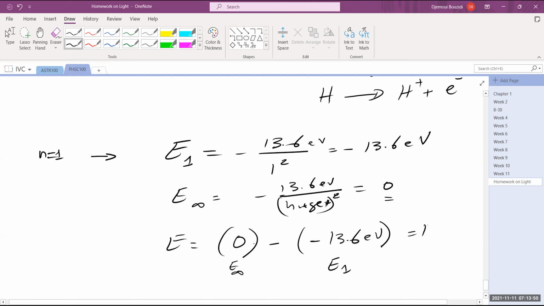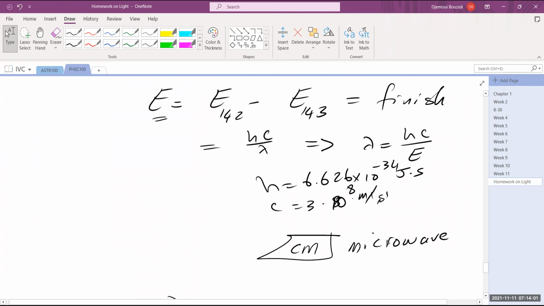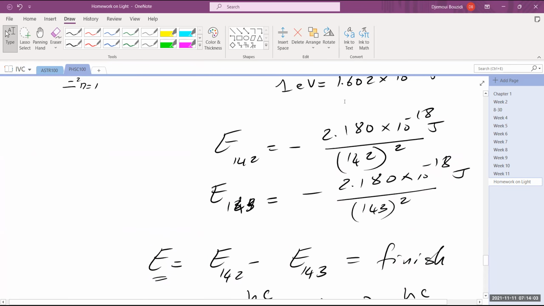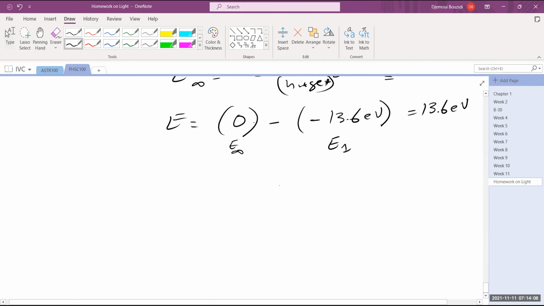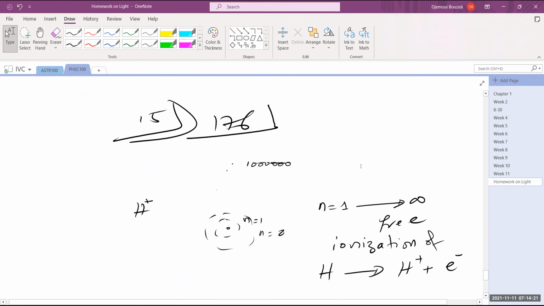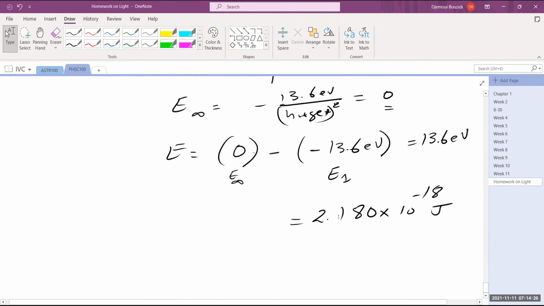Negative times negative is positive, and the energy in this case, released in the form of radiation, is 13.6 electron volts, or if you wish, 2.18 times 10 to the power negative 18 joules. Okay, it's the same thing. So this energy, the numerator really, represents the energy of ionization of the hydrogen. 13.6 is the energy of ionization for the hydrogen.